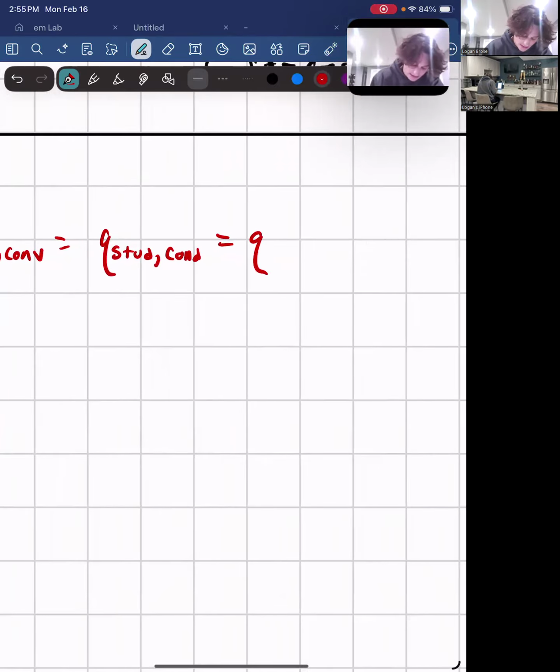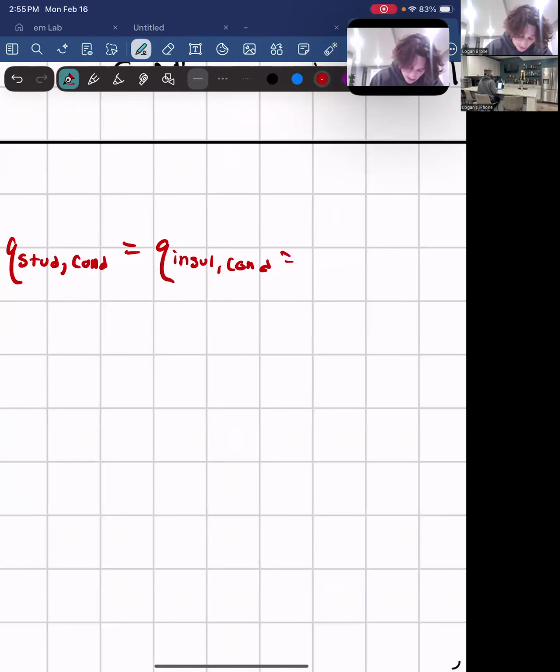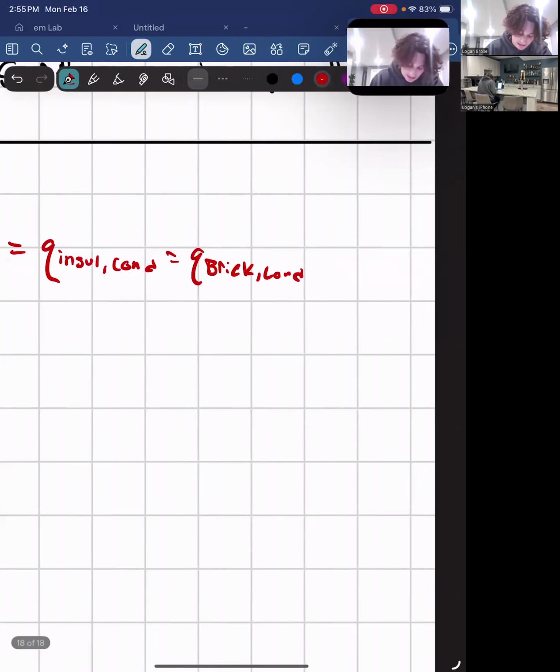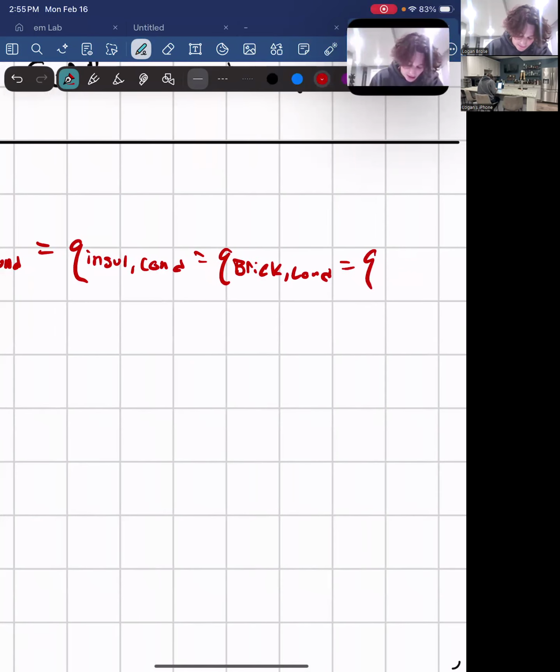Then our insulation, which is conduction. Then our brick, which is also conduction. And then finally, we end with our air, or our outside. I'm just going to label that as Q out, and that is also convection.